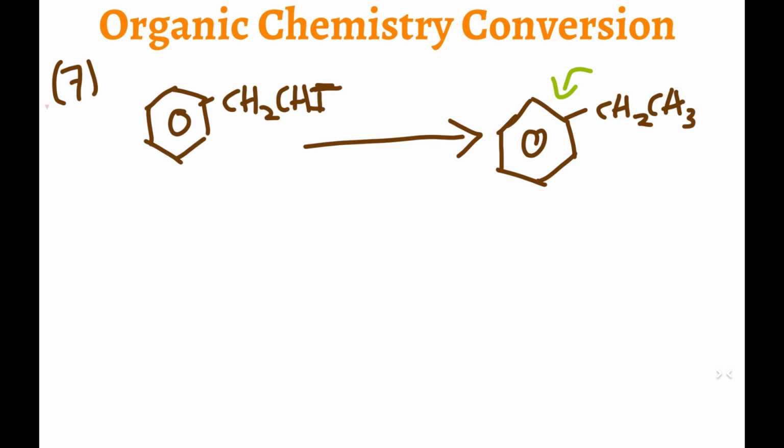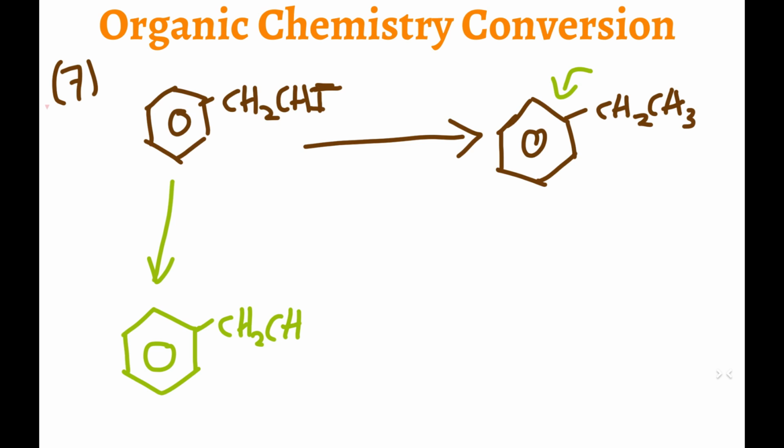First of all, I need to make this Grignard reagent. Now you know how to make a Grignard reagent. We should have an alkyl halide, magnesium and dry ether. For this reaction, I use magnesium and ether as the reactants.